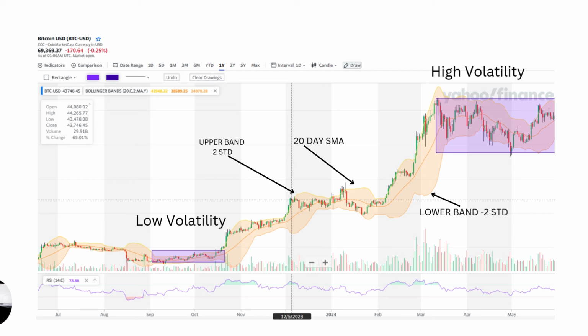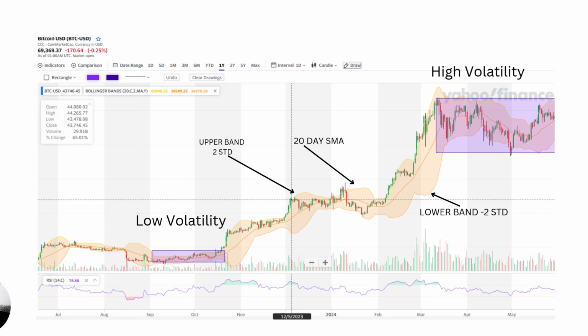And so that is the reason why a lot of traders are using this Bollinger Band. And guess what? You can increase the standard deviation to three as well. Whatever works for you, you can decide. But two standard deviations is the norm, and that is what is used right across the planet.